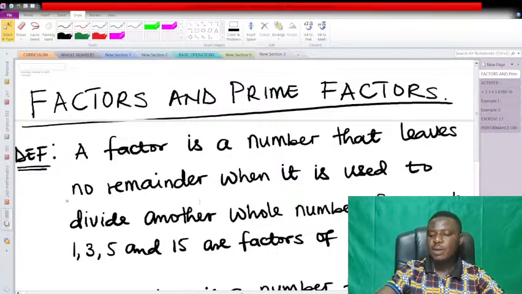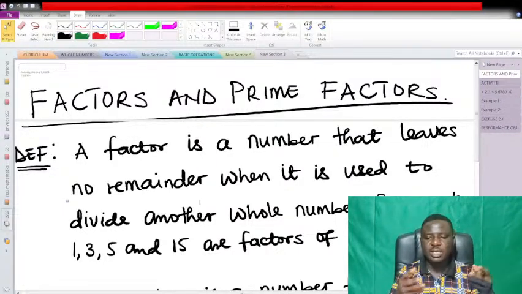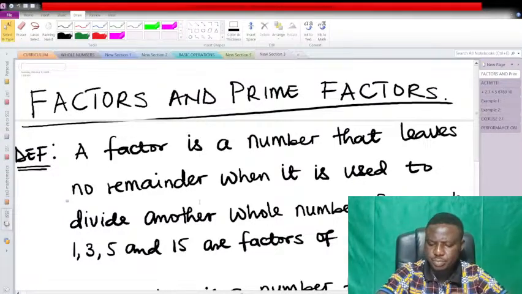You may ask yourself, what do you understand by prime factors? But before you look at prime factors, let's break it into two. What are factors? When you know the definition of factors, you can then talk about prime factors and how to factorize.